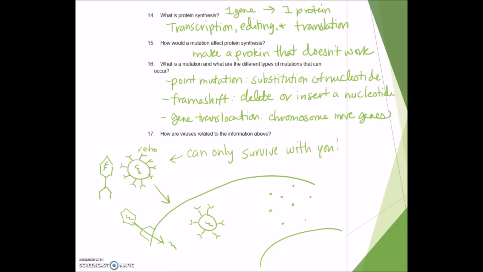We also did some of the mutation stuff in section 8.7 that starts on 238. So in your textbooks, it would be pages 221 through 239, if you'd like to read about any of this information before your test.